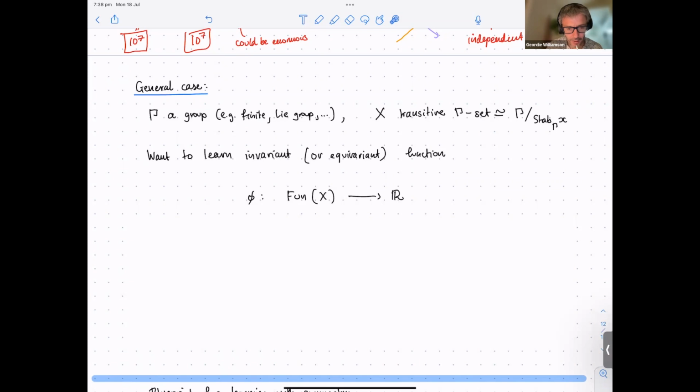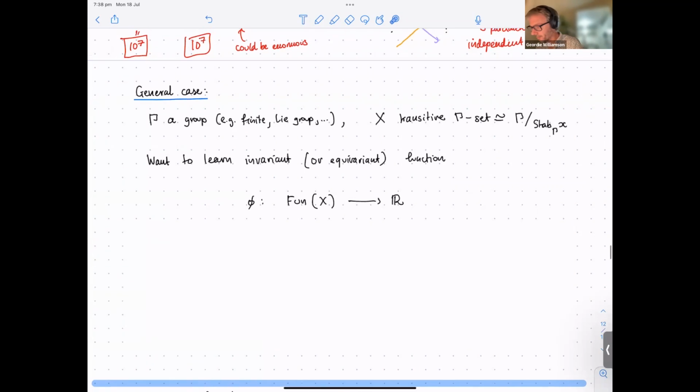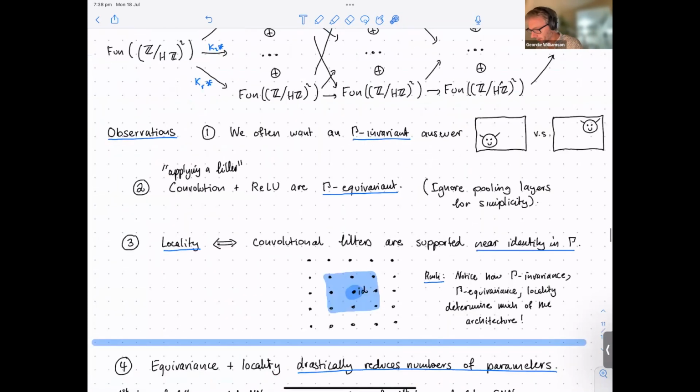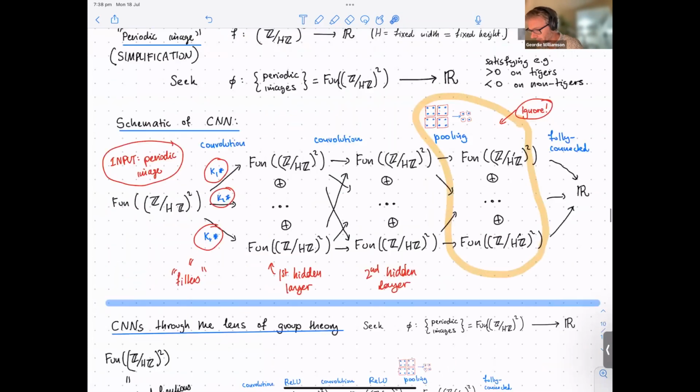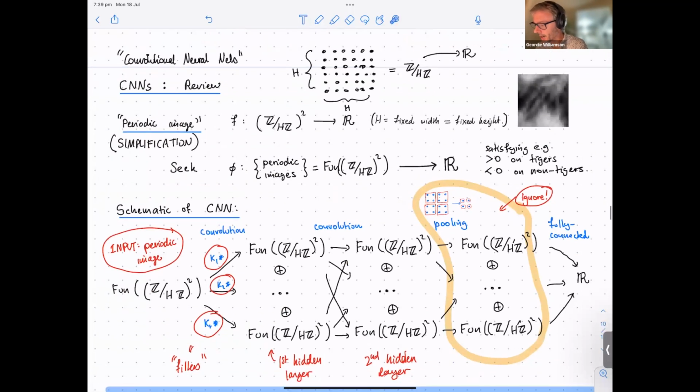Please explain the formula for the periodic image. You drew an H by H matrix, but the formula has Z mod HZ squared. Yeah, sorry, this was a typo. I meant to write Z mod HZ squared.